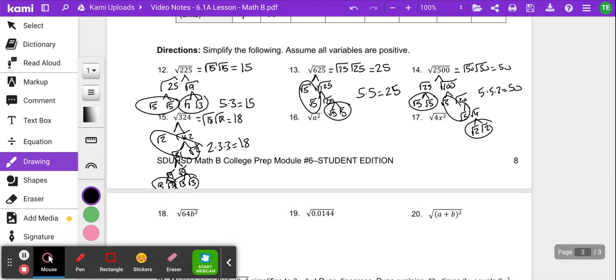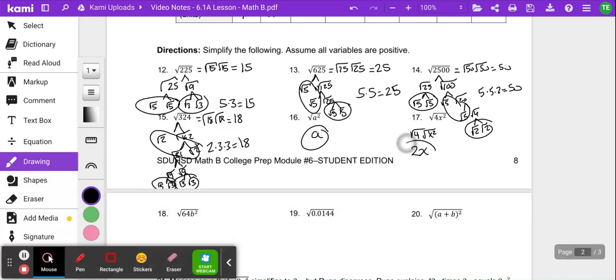So either way. Okay, here we know if it's a squared, the square root cancels, this is just going to be an a. Here we have to think, what times itself gets you 4? That's a 2. And what times itself gets you an x squared? So that's 2x.